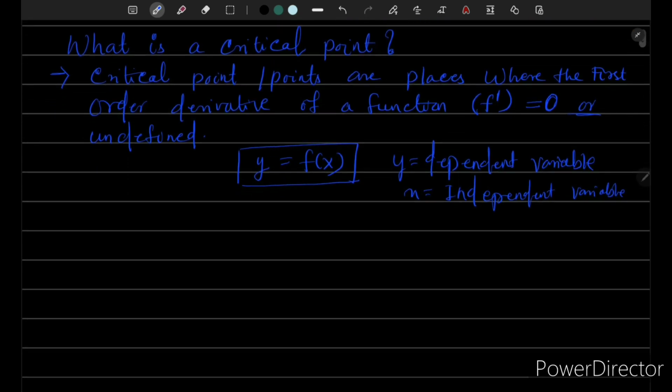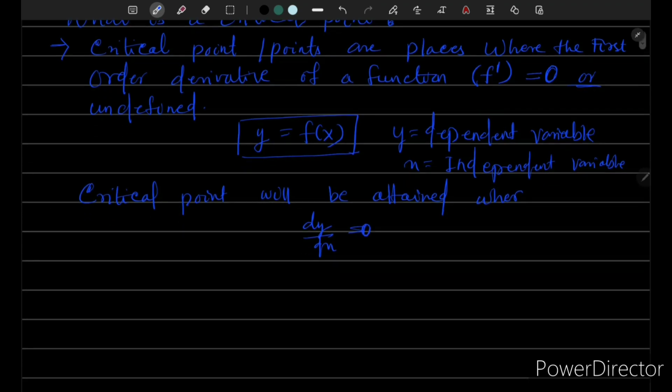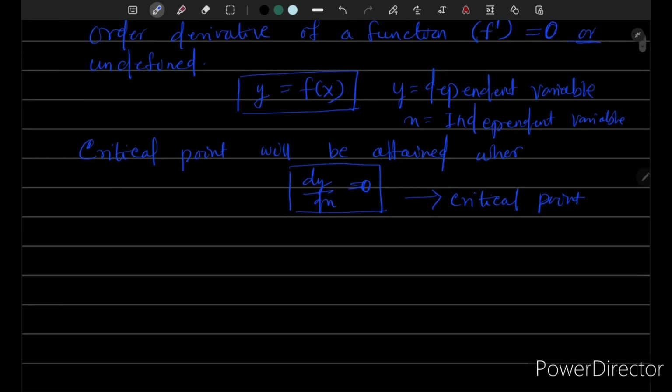Then in this case, a critical point will be attained where dy by dx equals 0. Where dy by dx equals 0, this will be called a critical point.